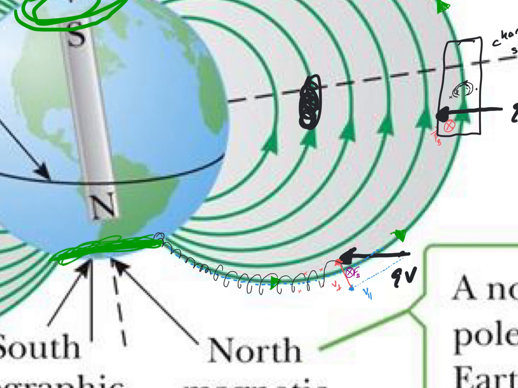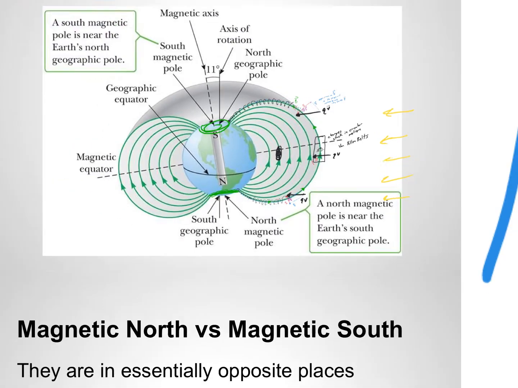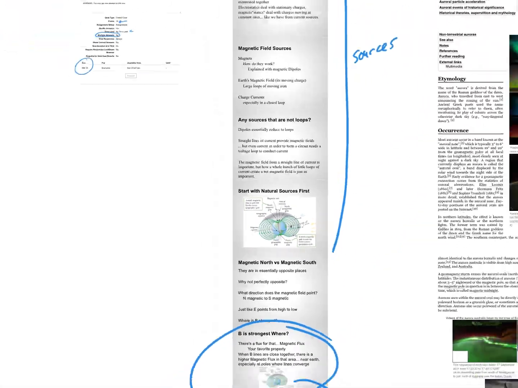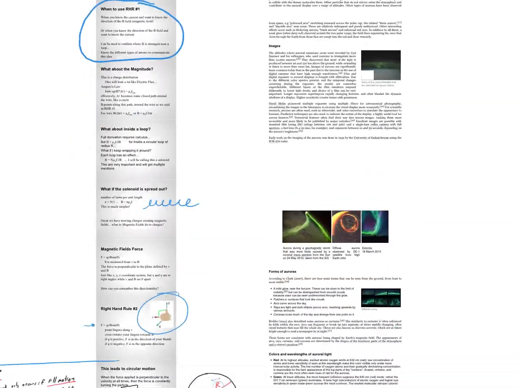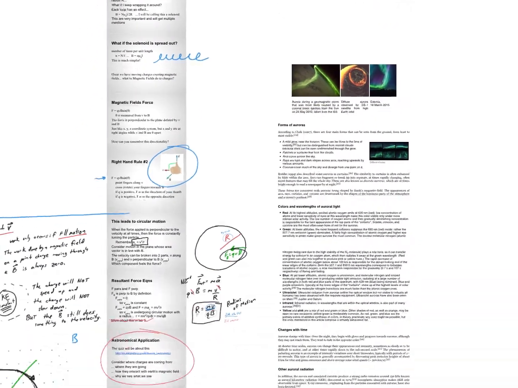But it's not the aurora borealis there, it's called the aurora australis. This can occur on other planets too.